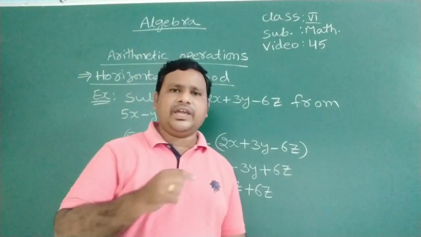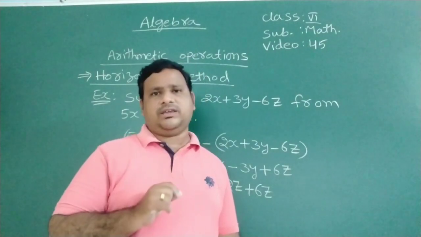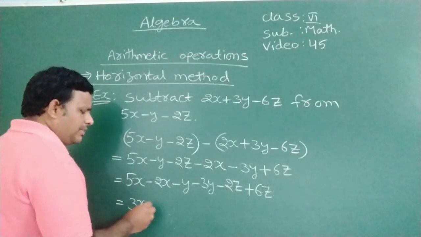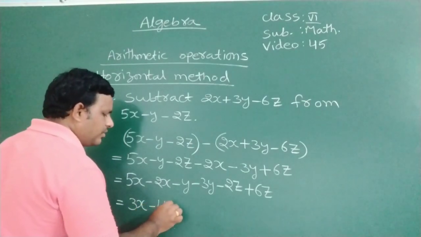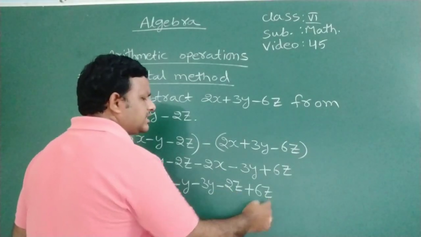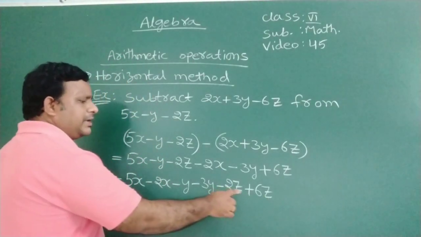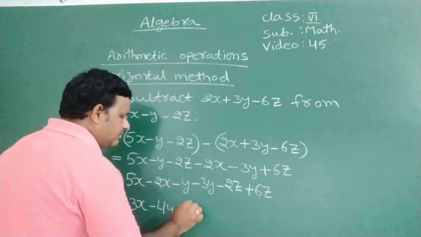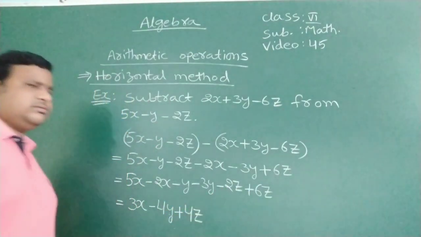See, minus y means minus 1y. Understood? So minus 1y minus 3y becomes minus 4y. Next, minus 2z plus 6z. Minus 2 plus 6 is 4. So plus 4z.